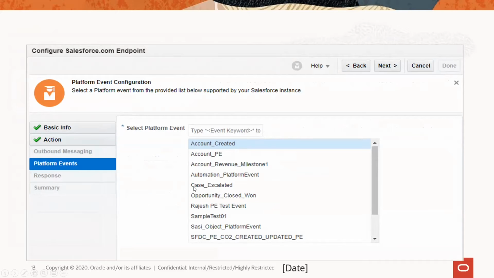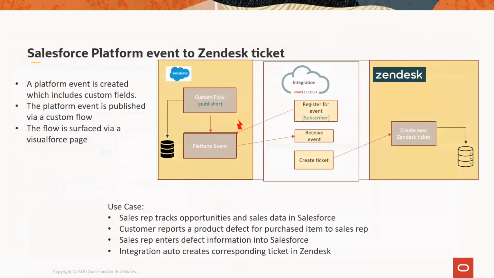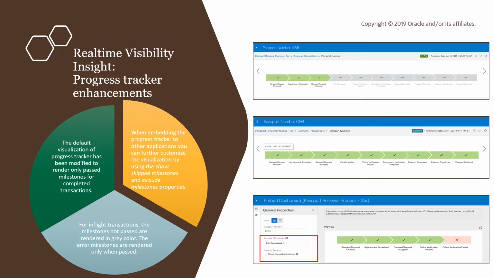And when the case has been escalated, let's create a ticket in Zendesk. That's just a pattern showing you how that happens. So the platform event occurs in Salesforce. We have registered for that event. So OIC is subscribing to that event, receives it, and takes the necessary action, in this case, creating a ticket via the new Zendesk adapter.